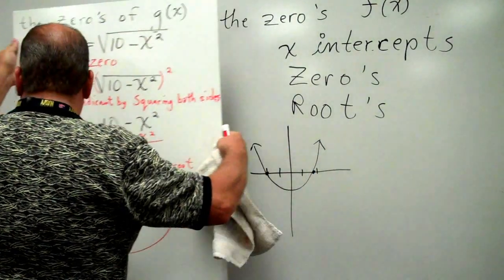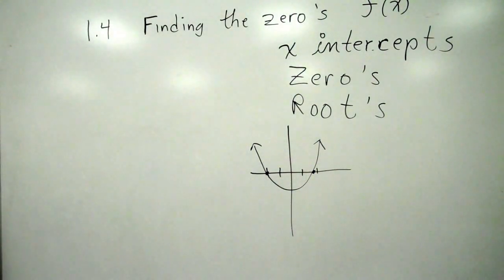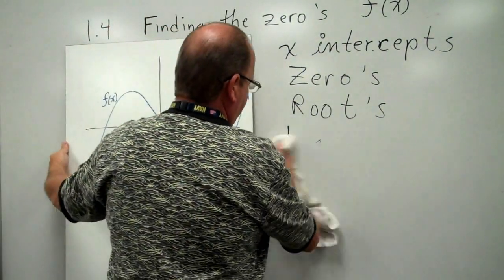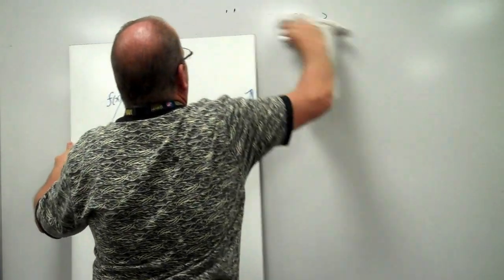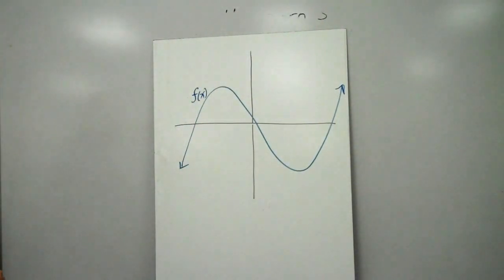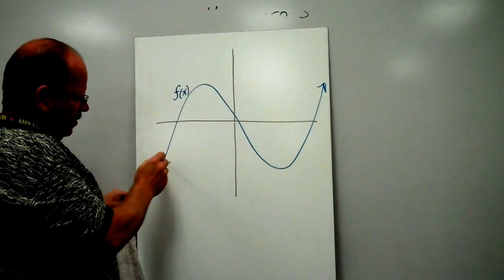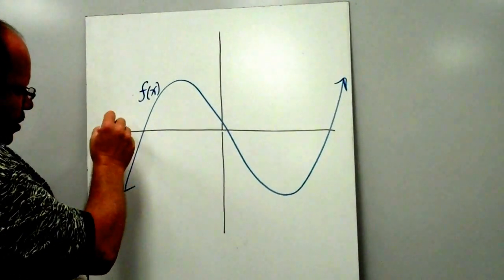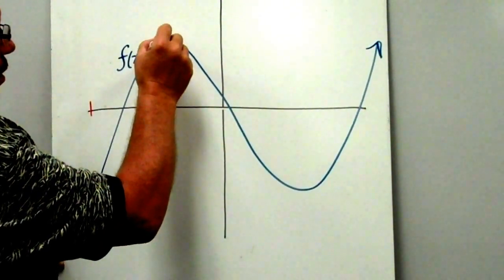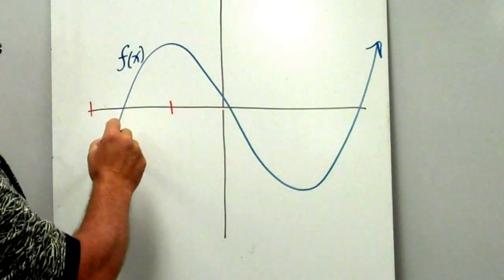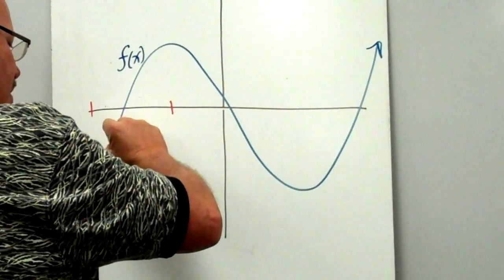Okay, one more idea before we're finished today. Actually, we're going to look at two more ideas. And this is the notion of increasing and decreasing. If we look at the graph, on this portion, from here to right here, this function is increasing on that interval.